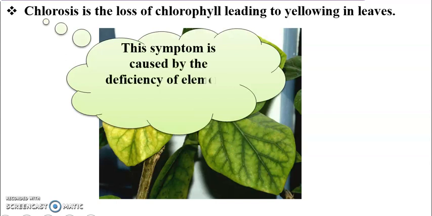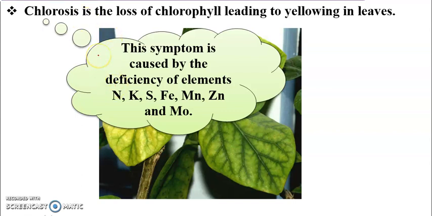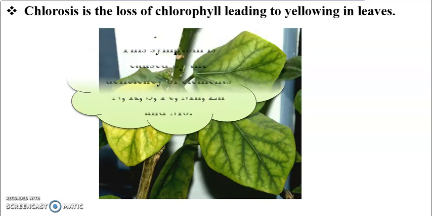Now, deficiency of which elements can show chlorosis? Chlorosis can be shown when there is deficiency of nitrogen, potassium, sulfur, iron, manganese, zinc and molybdenum. So all these elements' deficiencies have one common symptom, that is chlorosis.